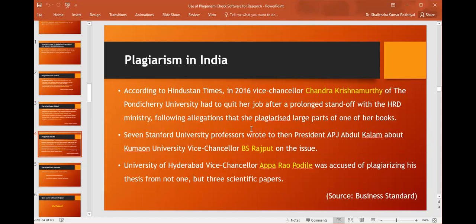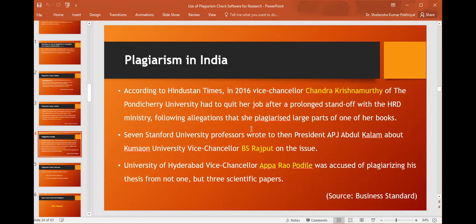Sir, next slide, please. Here we'll see some of the domestic issues at the national level. According to Hindustan Times, in 2016, Vice Chancellor Chandra Krishnamurthy of Pondicherry University had to quit her job after a prolonged standoff with the HRD ministry following allegations that she plagiarized a large part of one of her books.